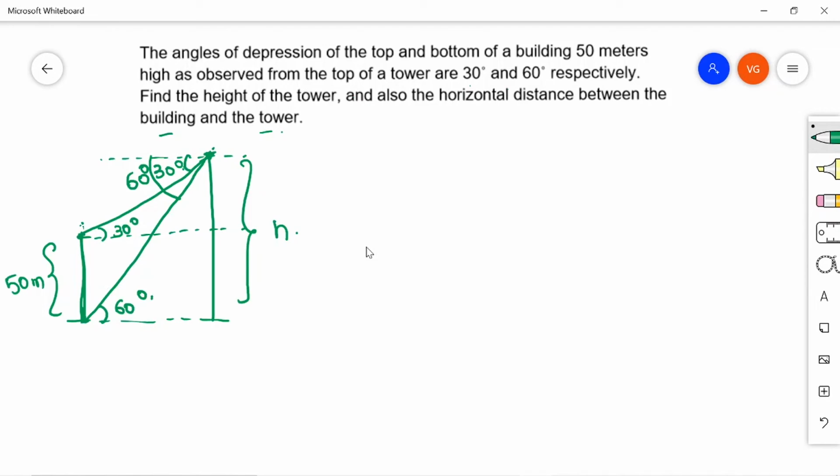And if you draw a line parallel to the floor, then this has to be 50 meter, the height of the building. When this is 50, the remaining height is h minus 50 here, right? So let us mark this one A, B as the height of the tower and let us call C, D, E.